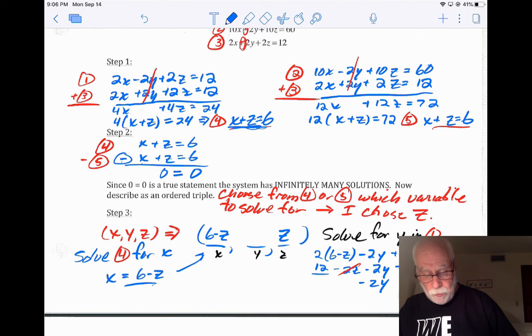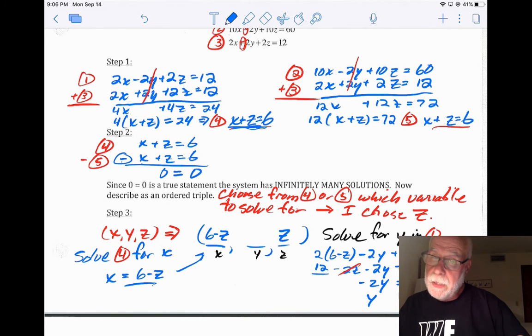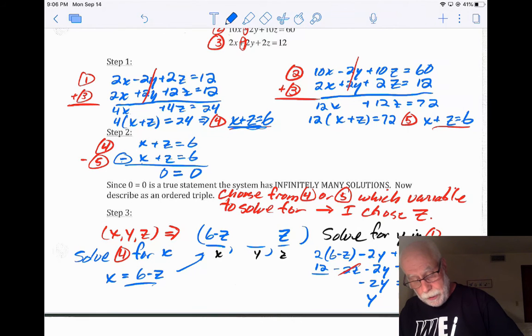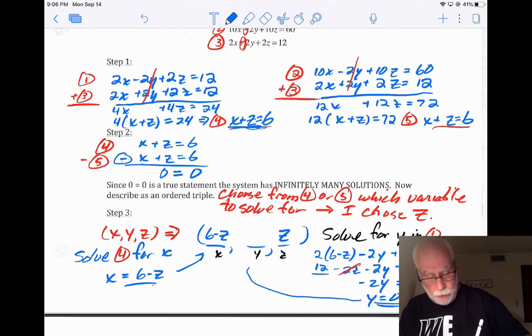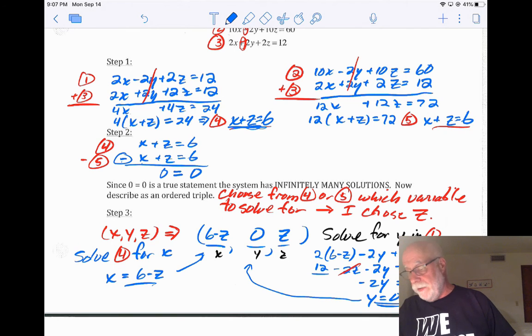If I take that 12 over and move it to the other side, 12 minus 12 is going to equal 0. So in this case, and it's not always going to be a 0, ladies and gentlemen, it just worked out this way here. We're going to have y is equal to 0. Again, we're going to put that one right there. So our ordered triple is 6 minus z, 0, and z.